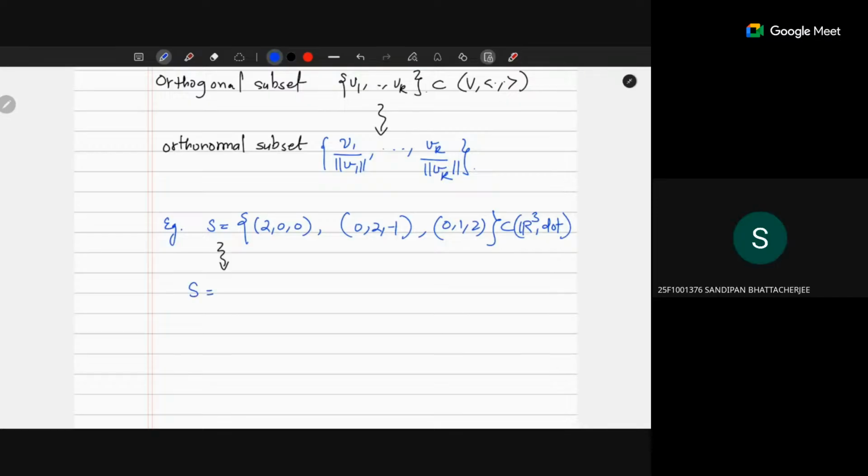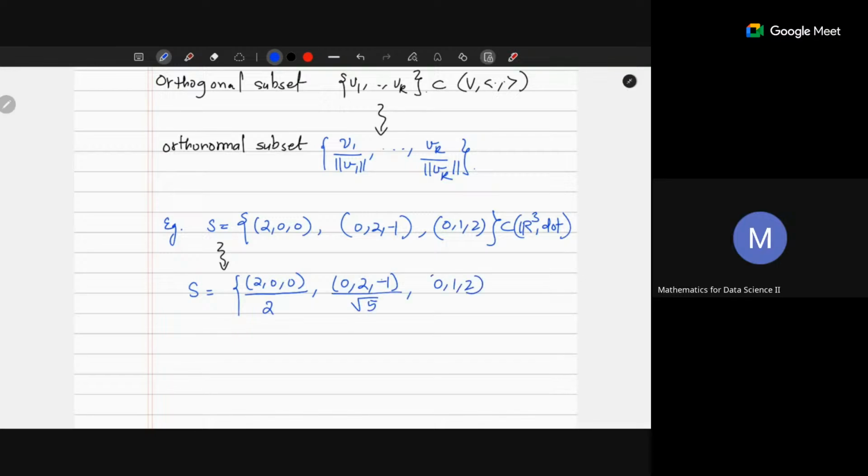We divide the first vector by its norm, the second and third by their norms. What is the norm of the first vector? 2. Norm of the second vector is root 5.